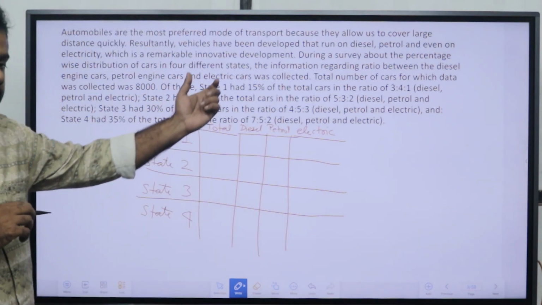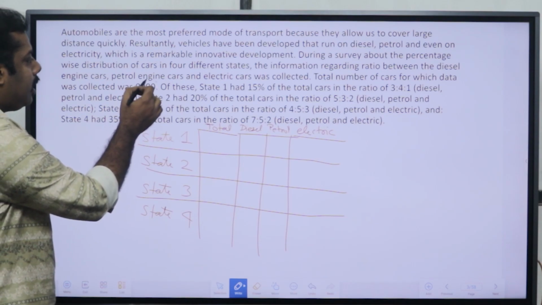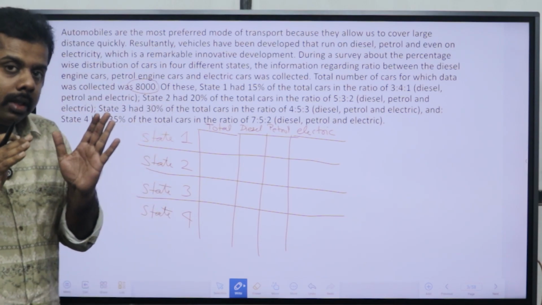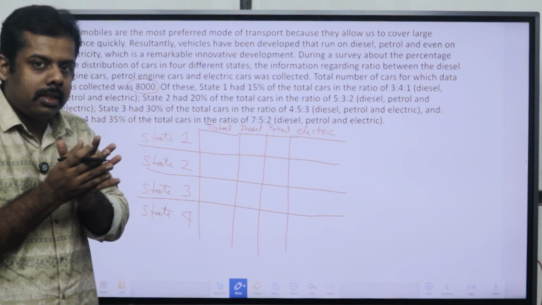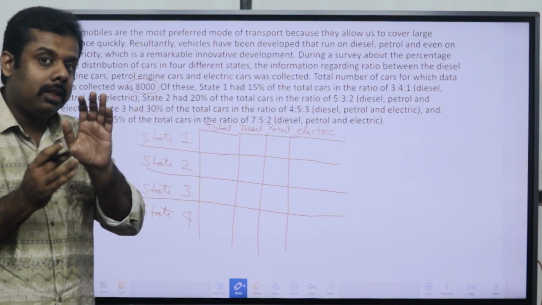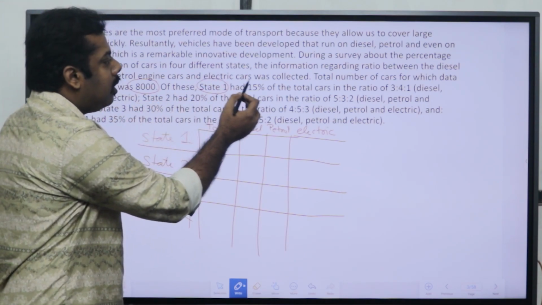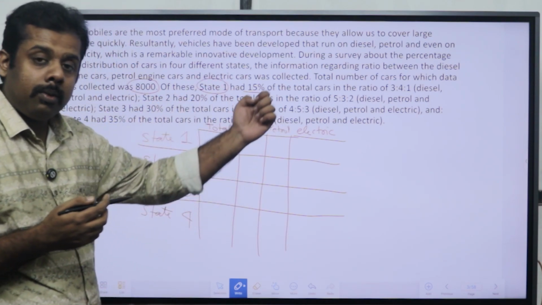Okay. So in the first statement, as we read, total data collected is 8,000. That means the total number of cars in this paragraph based DI is 8,000. So if we're going for the first state A, it has 15% of the total number of cars.